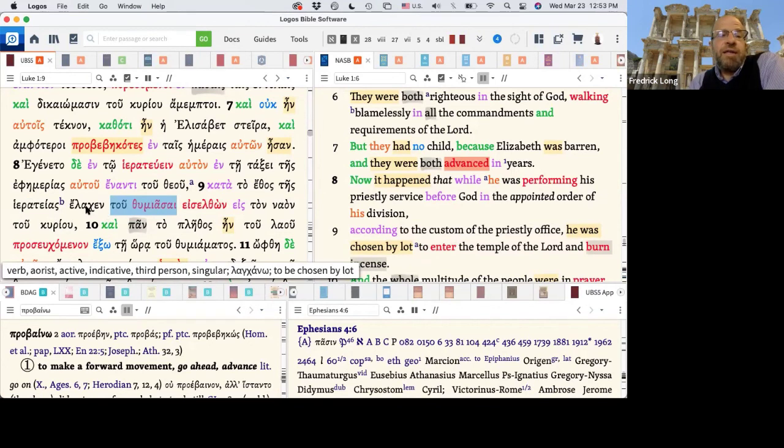So he was chosen by lot in order to sacrifice, or that he would sacrifice. And then the participle that follows is following the verb. This is the nuclear verb, not the main verb. The main verb is here, elachen. Then you have the articular infinitive indicating purpose.